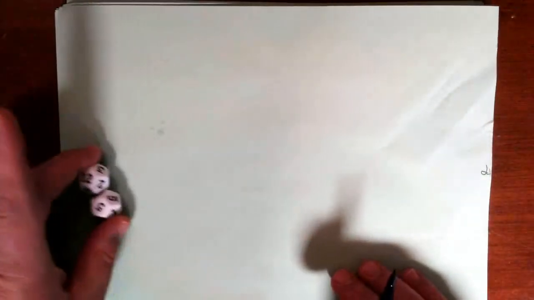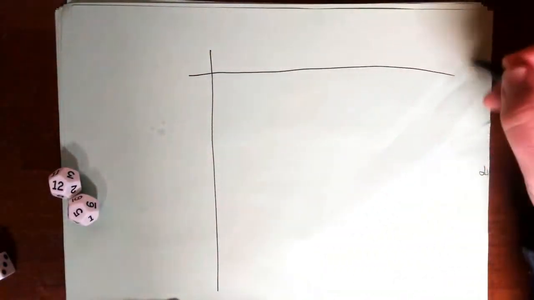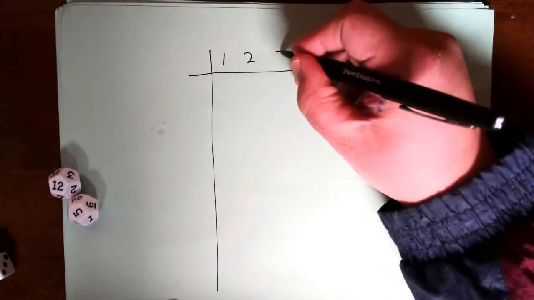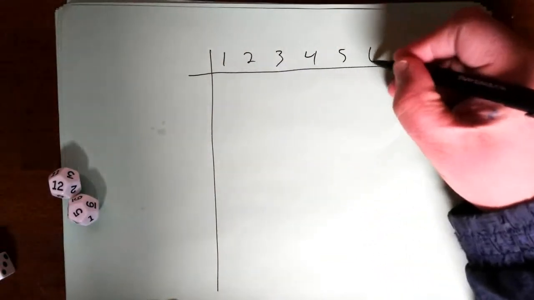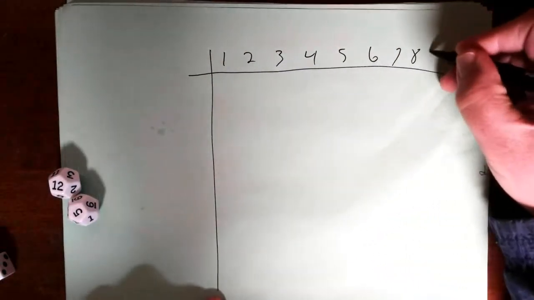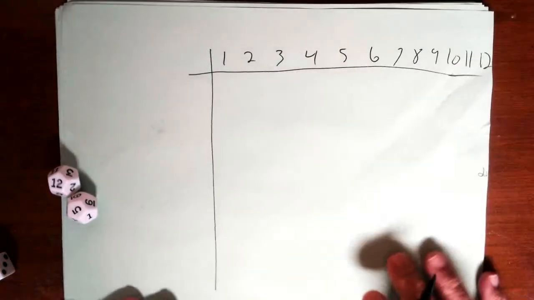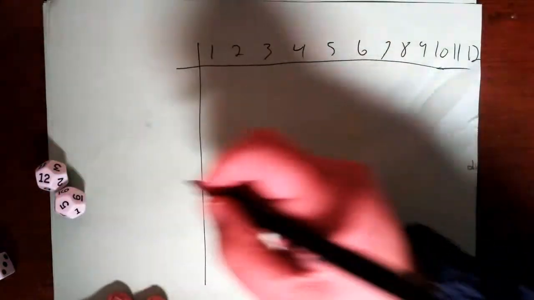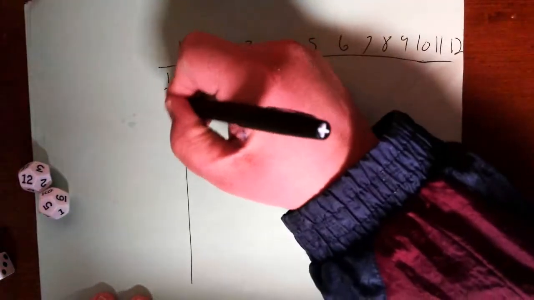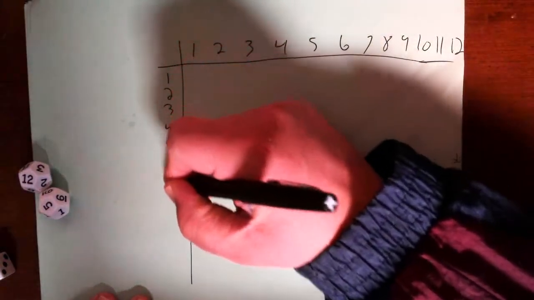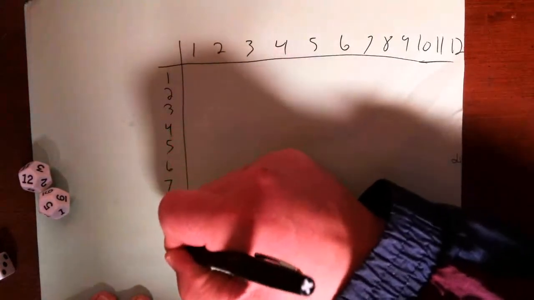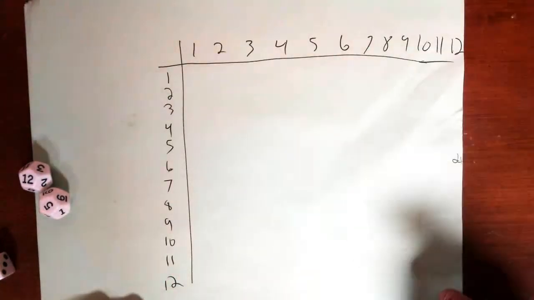And you could do a similar thing. It would be a much bigger table, and I'm not going to write it all out, but you would have 1, 2, 3, 4, 5, 6, 7, 8, 9, 10, 11, 12. Kind of squeezed it in there. I should have put it over. But 1, 2, 3, 4, 5, 6, 7, 8, 9, 10, 11, and 12.